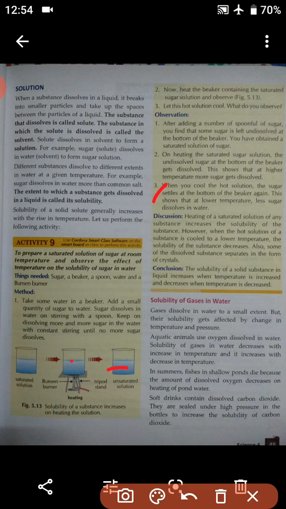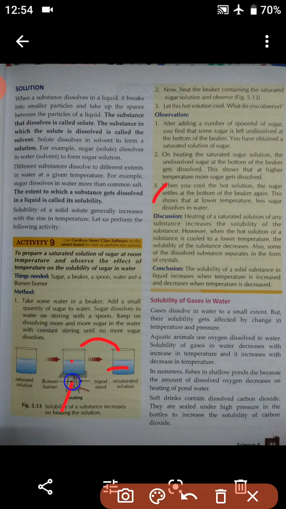This shows that at lower temperature less sugar dissolves in water. So again after cooling, the sugar gets settled at the bottom of the beaker. So this shows that at the lower temperature less sugar will dissolve in water.